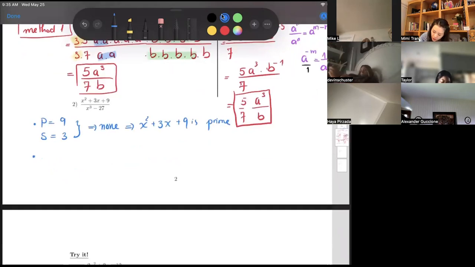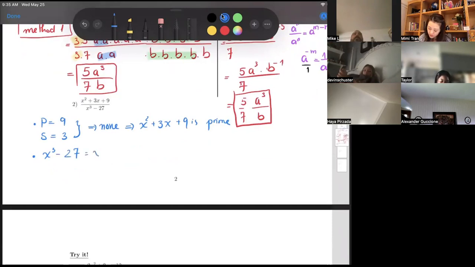What about x cubed minus 27? Can you factor that? That's from your exam number 1. You can cube root 27.